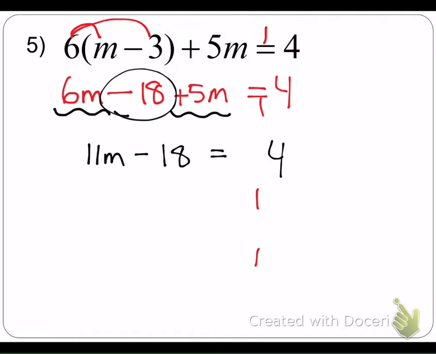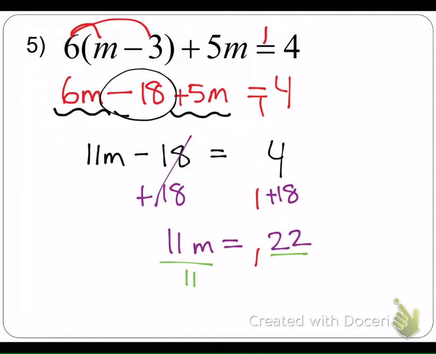Now what? Add the 18 to both sides. So I have 11m equals 22. Divide by 11. Divide by 11. M equals 2.